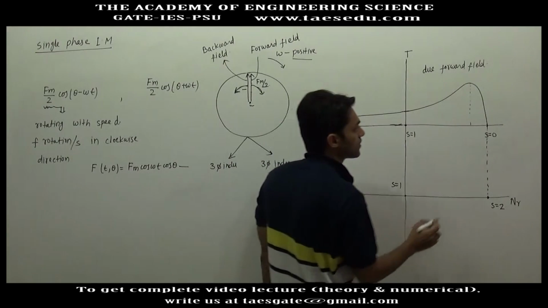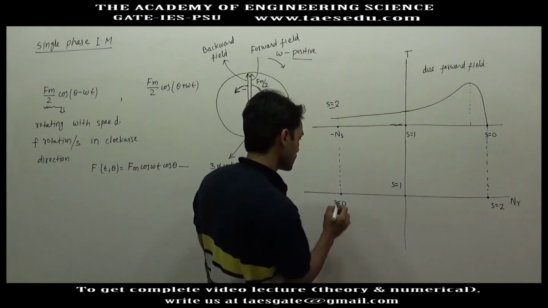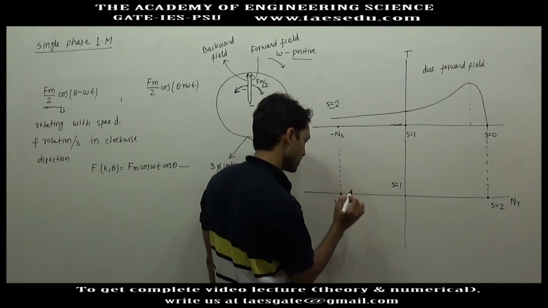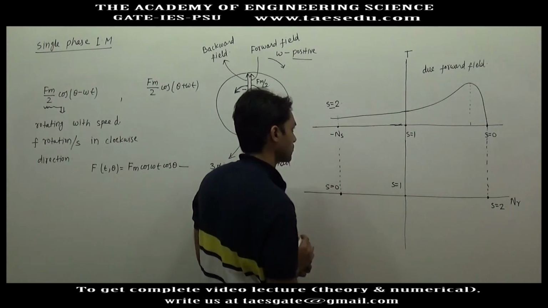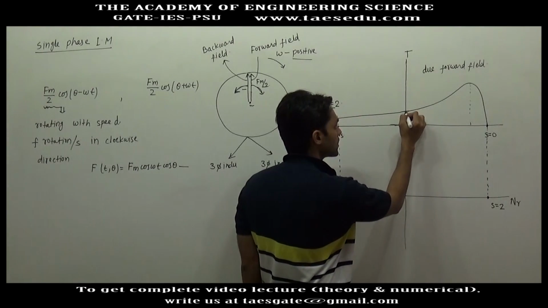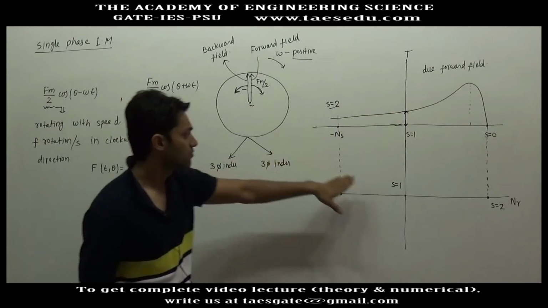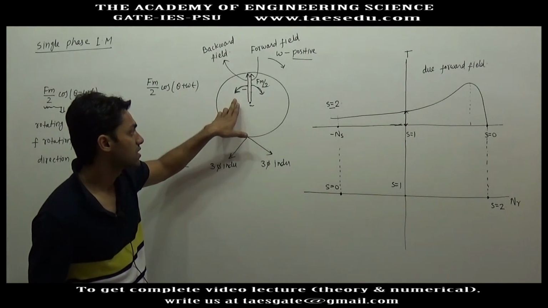We know that at slip equal to 0 in a three-phase induction motor, torque is 0. So at this point the torque due to backward field will be 0. At slip equal to 1 we will have some starting torque, but the torque is in anti-clockwise direction.